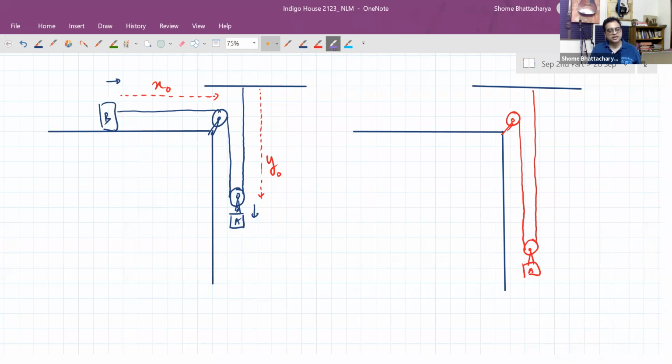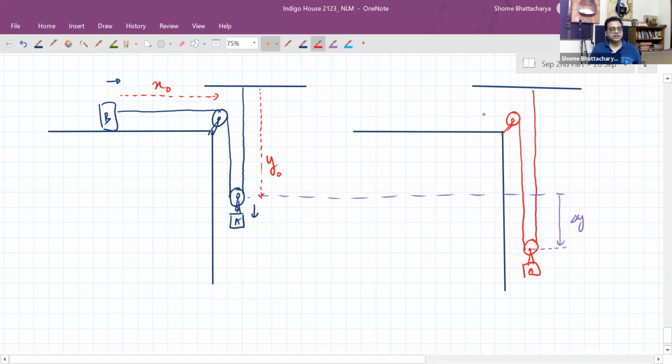So you can see that in this diagram, this pulley with the block A attached to it has moved down by some delta y, let's say. And during that same time, this block has moved here. So let's say earlier it was here. So this block during this time has made a displacement of delta x.